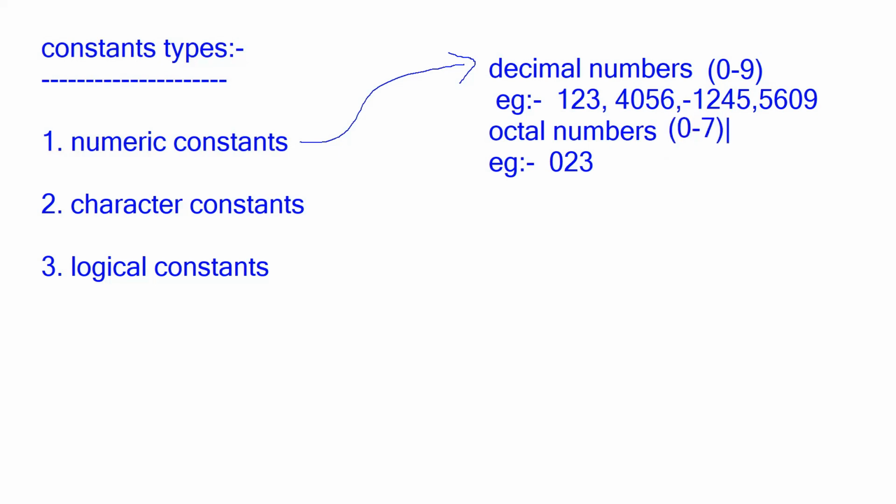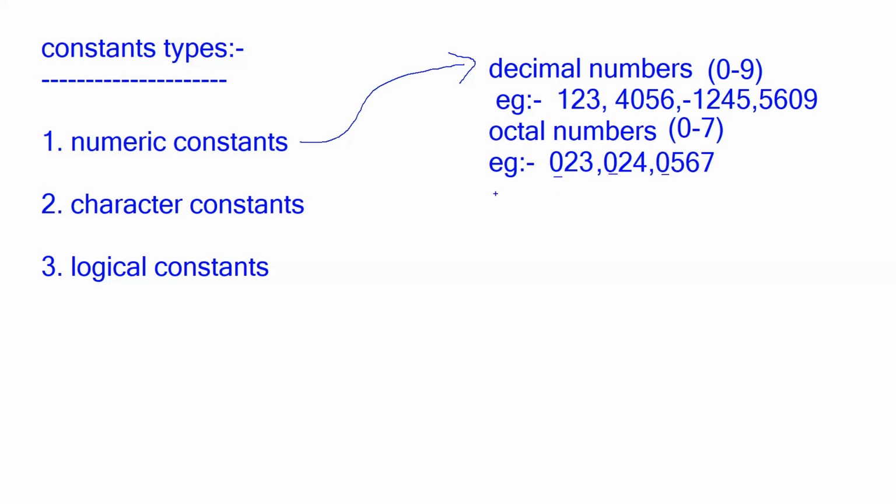So this is an octal number here. We have written 03 and 04, 05, 06, 07. So these are the octal numbers. The octal numbers begin with the digit 0 everywhere you can see.